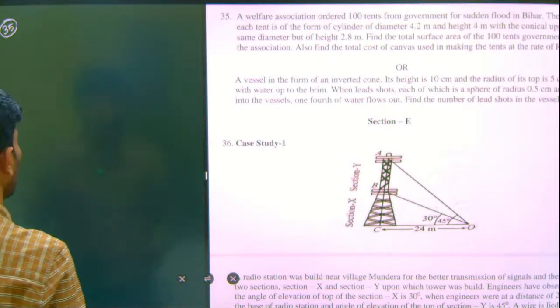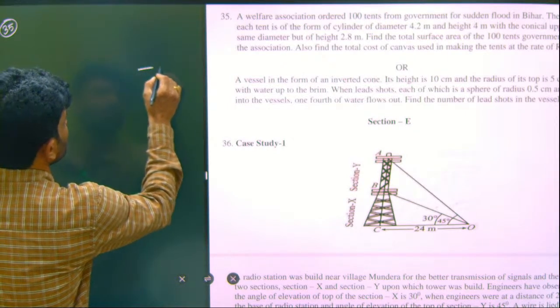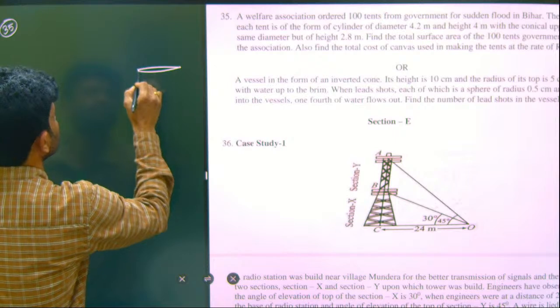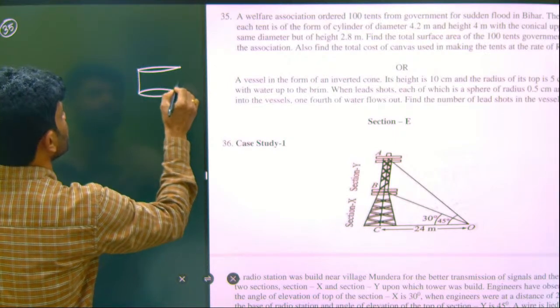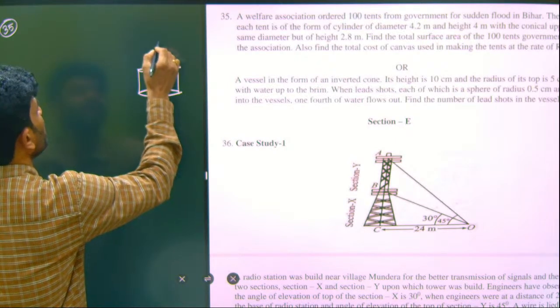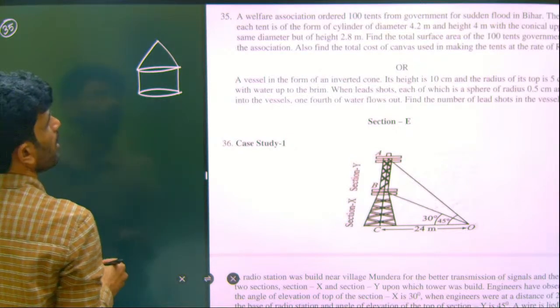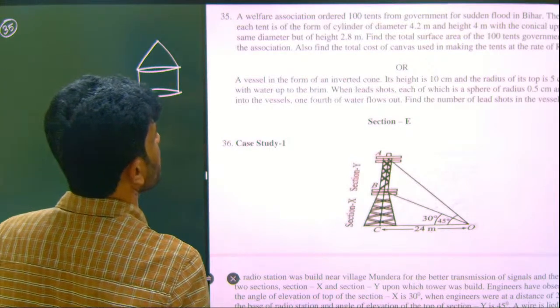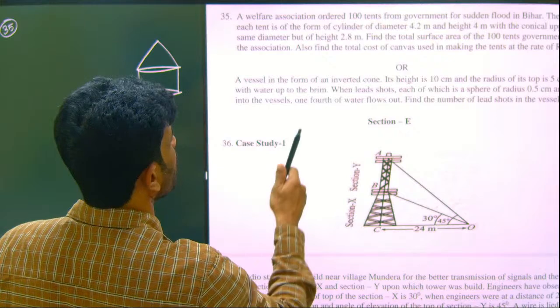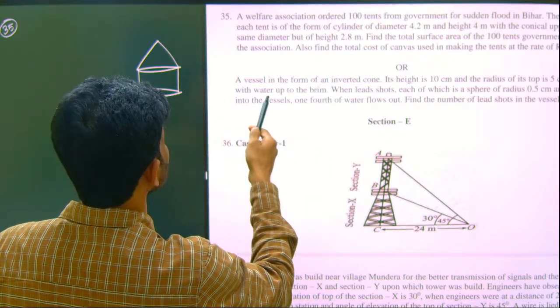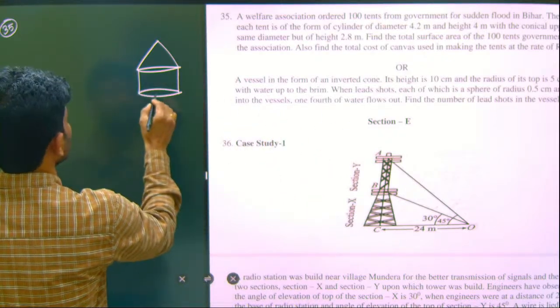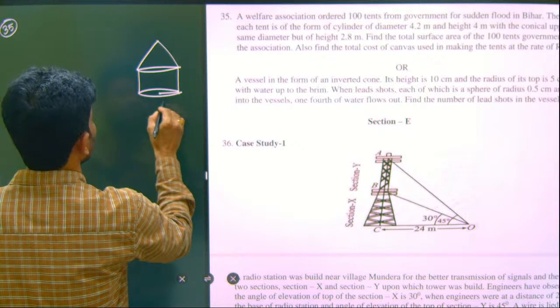So, draw the figure. Down it is cylindrical and up it is conical. For the cylindrical part, the lower part of the tent is cylindrical of diameter 4.2, so the radius is 2.1 meters.